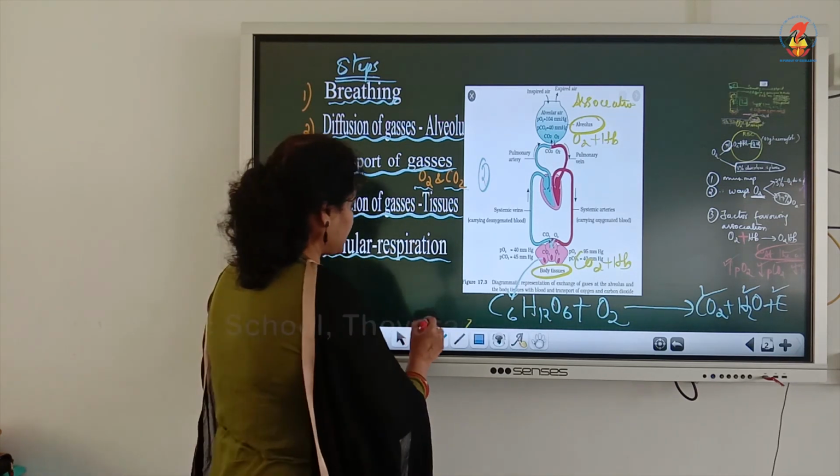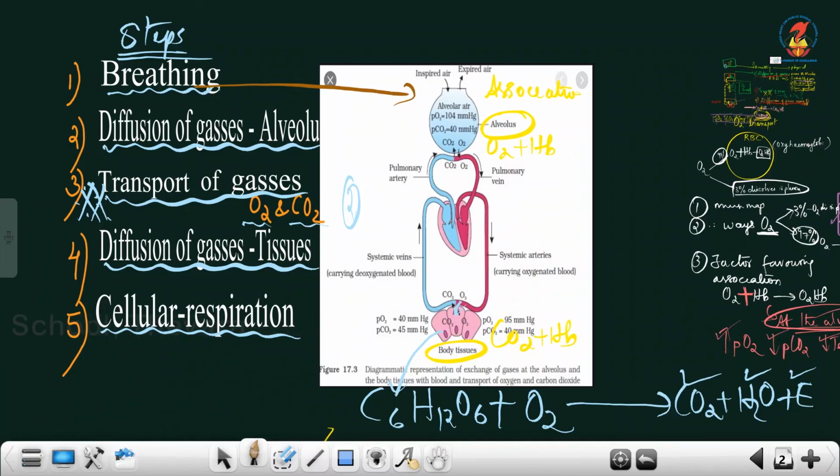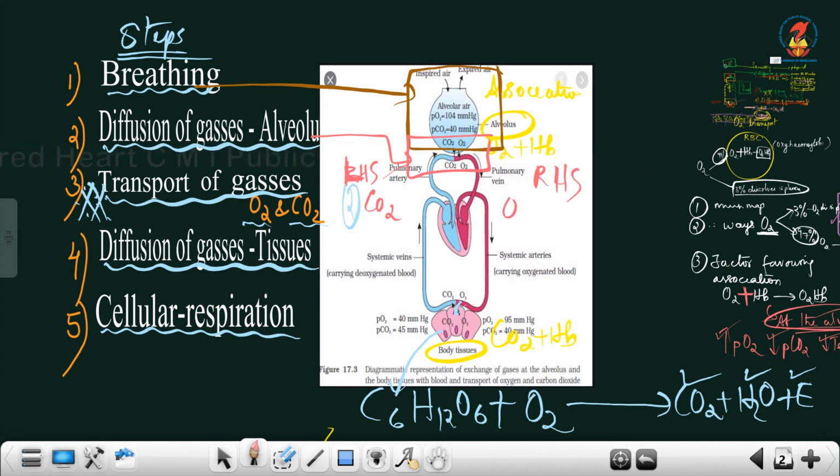So when you connect, children, see, the first step, breathing, is occurring here, then diffusion at the alveolus is occurring here, then transport of gases. Remember, transport of carbon dioxide is occurring on your left hand side, sorry, on your right. That means, from the view of the patient, it is the left hand side, and on the right hand side of the person taking the class, it is oxygen.